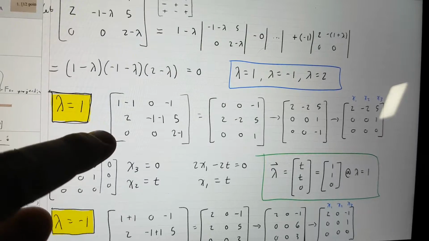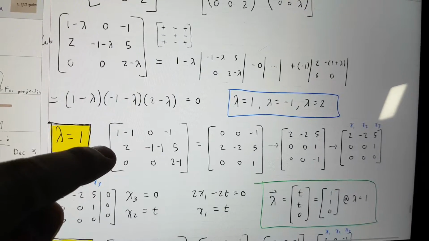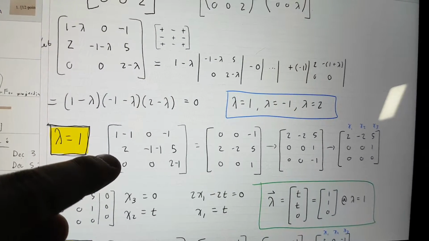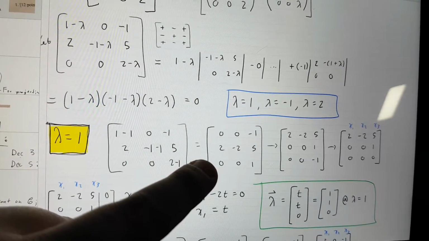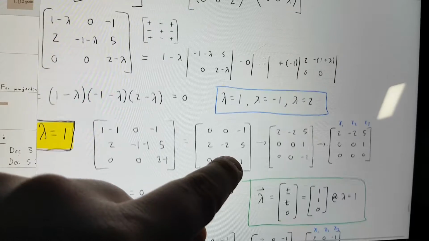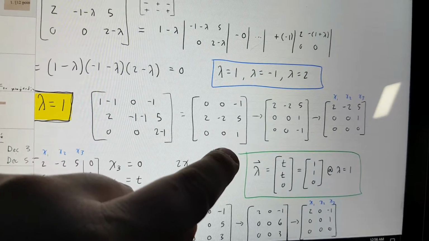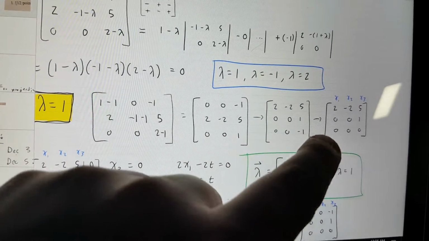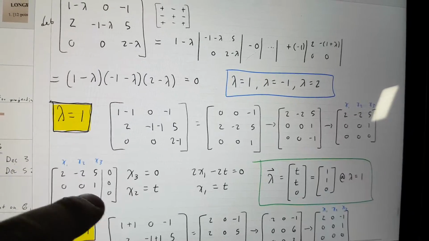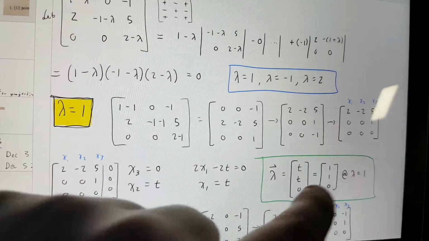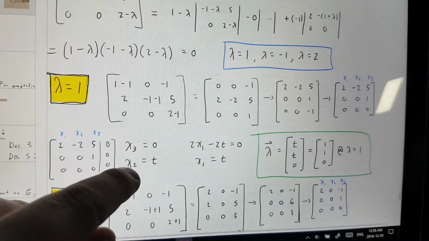So let's plug those guys in. We're just going to do A minus lambda I. So we get this. That goes to this. I don't show my row reductions, but you're going to reduce this all. This really should be augmented with zeros, but I just wanted to get it over with.